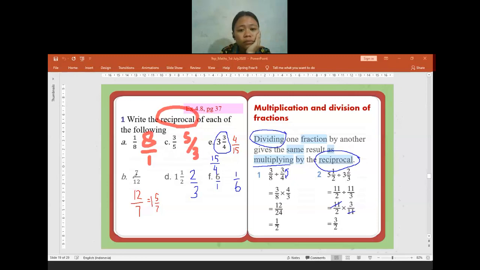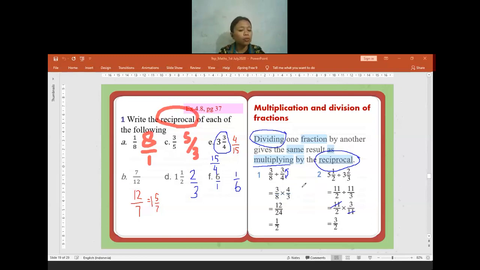The multiplication. Okay. For multiplication, we can multiply the top with the top, bottom with bottom. So we can do 3 times 4 equals 12, and 8 times 3 equals 24. Or if you don't want to multiply them, when you see numbers that are able to cancel out, you can directly cancel them out.